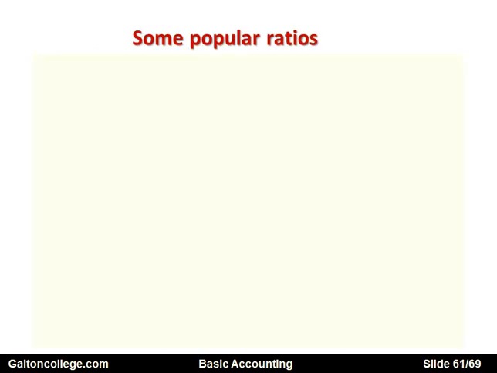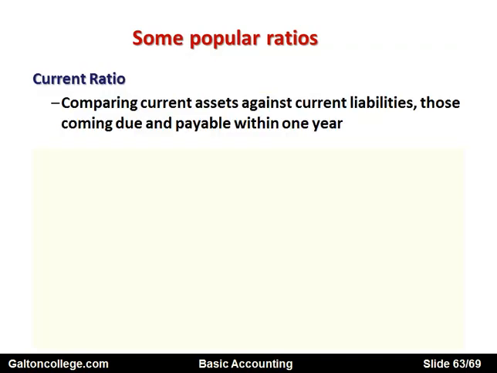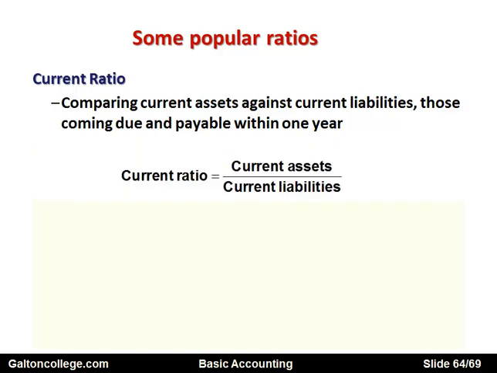Now, some popular ratios. Well, the current ratio, comparing current assets against current liabilities, those coming due and payable within 1 year. Current means short term, coming within the next year, let's say.